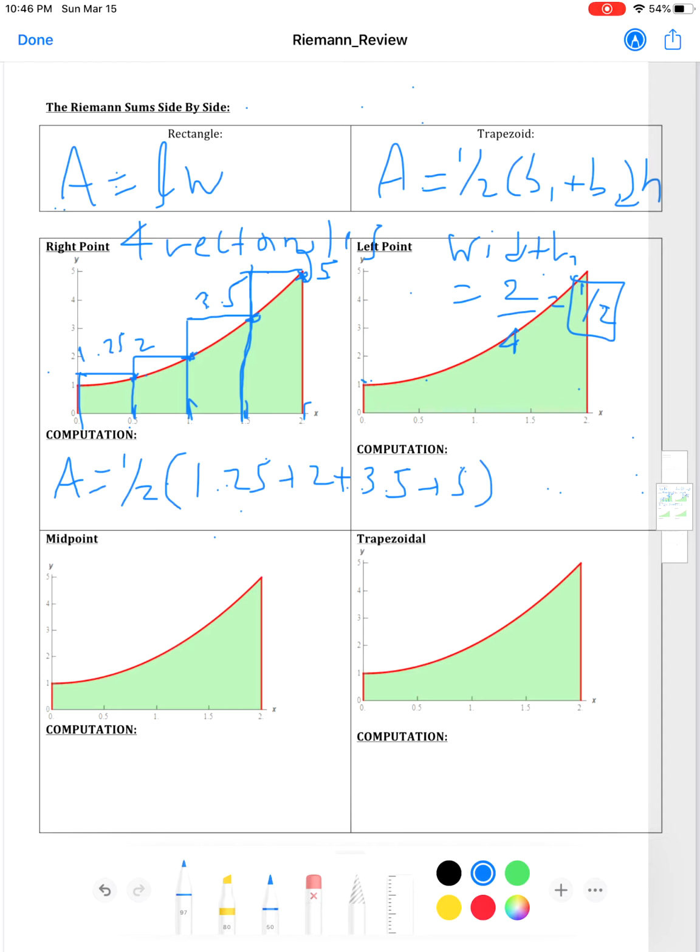So I go to my calculator and add them up. I get 1.25 plus 2 plus 3.5 plus 5. And that gets me 11.75 divided by 2 for a total of 5.875.